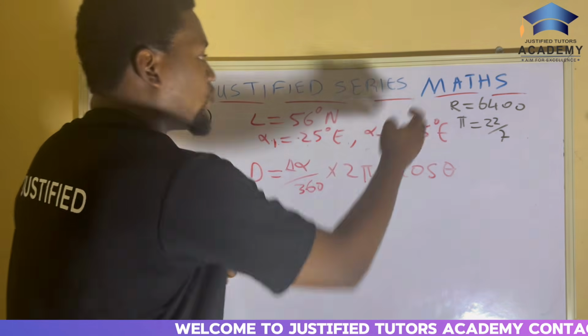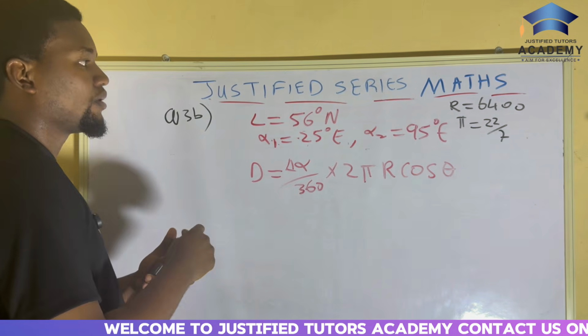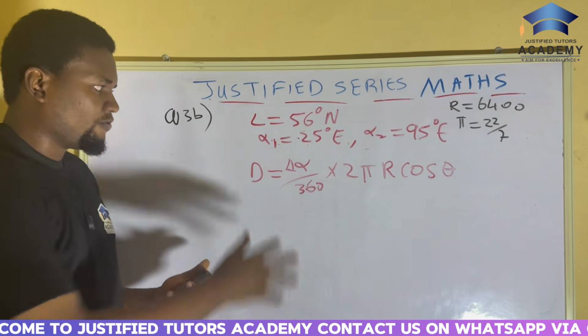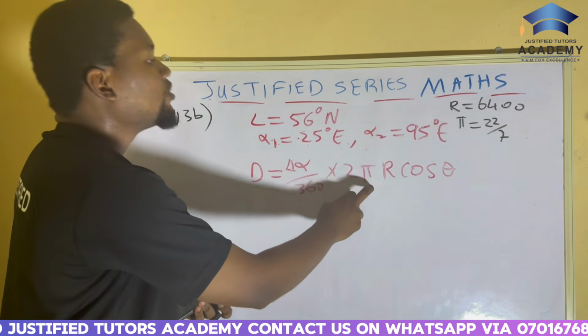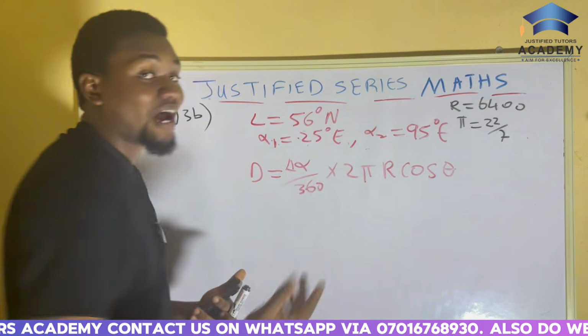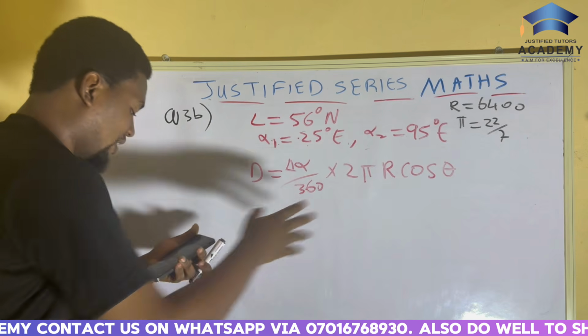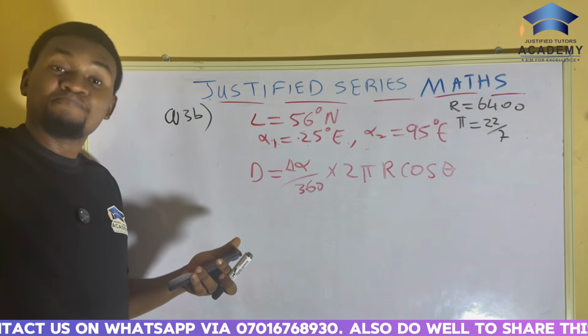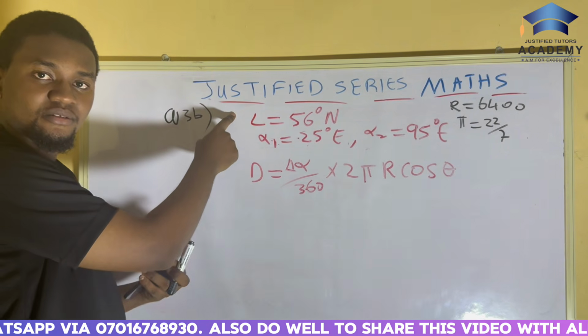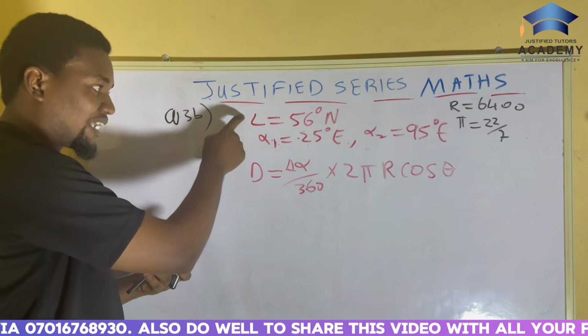So now, we have R, we have pi, but we don't know our change in alpha and our theta. Now, in this question, like I said before in the formula, your theta here is the latitude given.